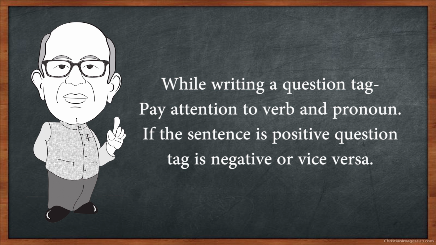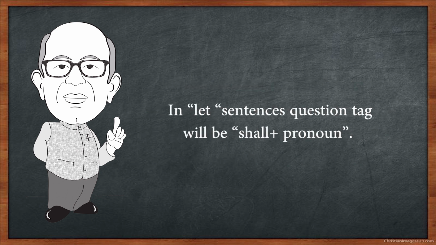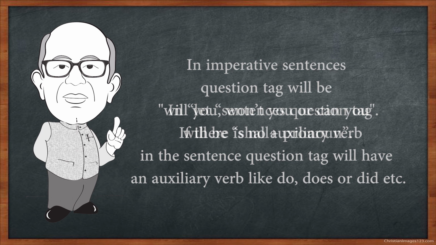If the sentence is positive, the question tag is negative, or vice versa. In let sentences, the question tag will be shall as pronoun. In imperative sentences, the question tag will be will you, won't you, or can you. If there is no auxiliary in the sentence, the question tag will have an auxiliary verb like do, does, or did, etc.